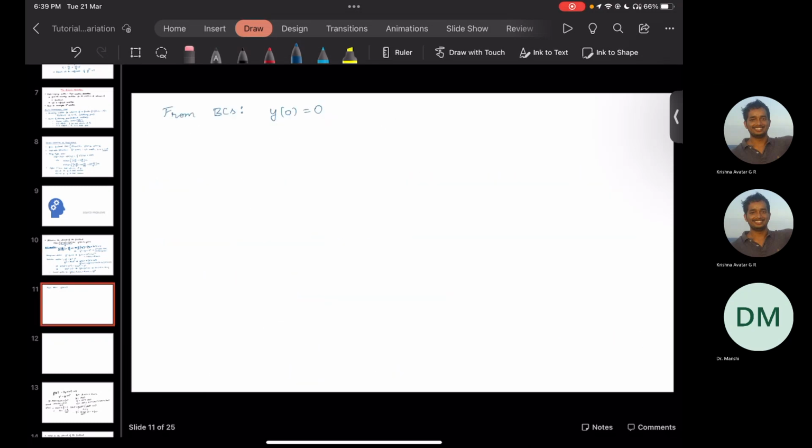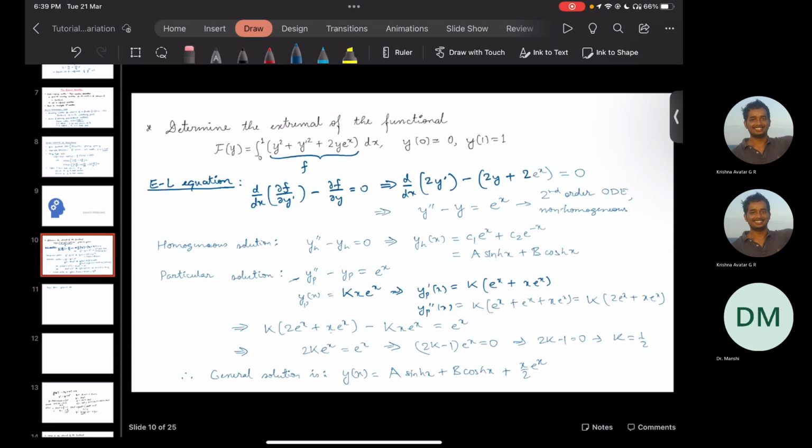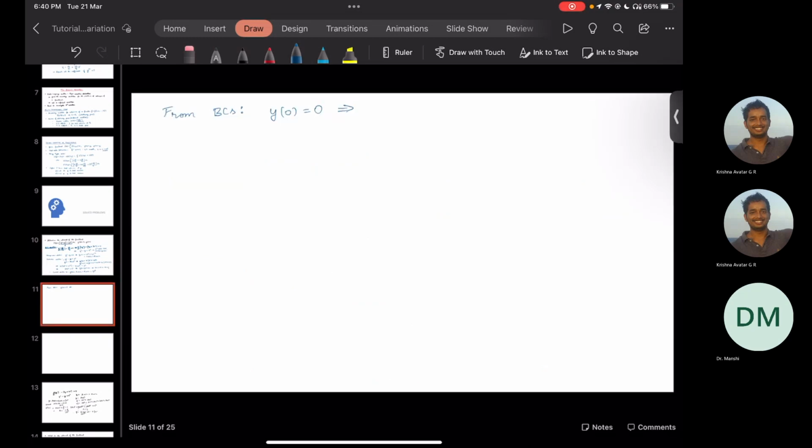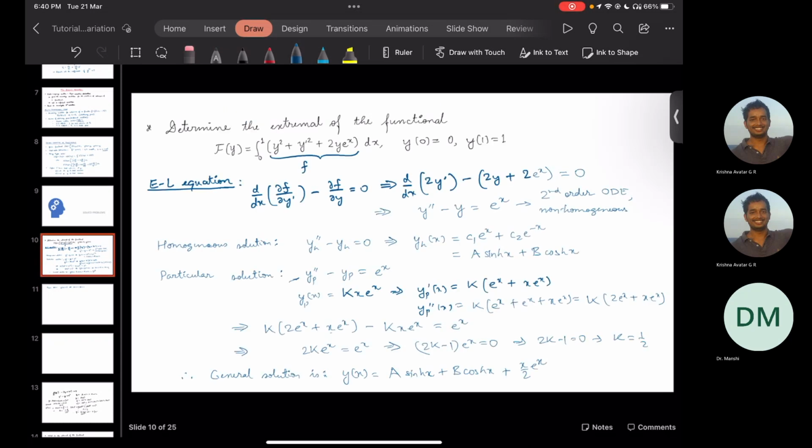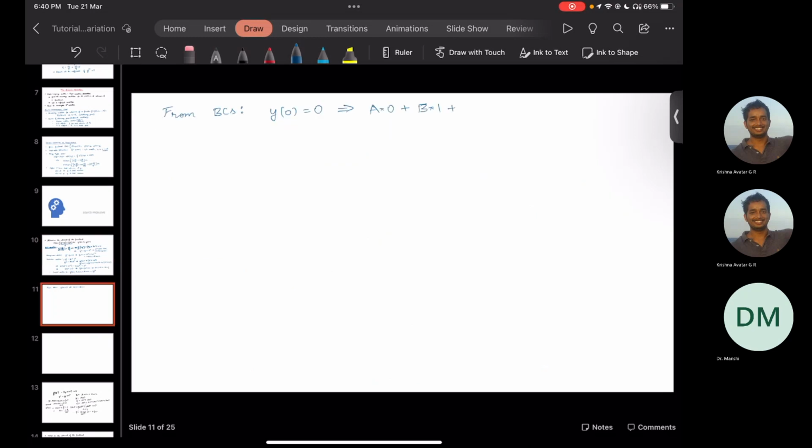So this implies that sine hyperbolic function at x equal to 0 is 0, so it's a into 0 plus b into cosine hyperbolic at x equal to 0, which is 1, plus the last term, which is already 0. So this simply implies that b is equal to 0.